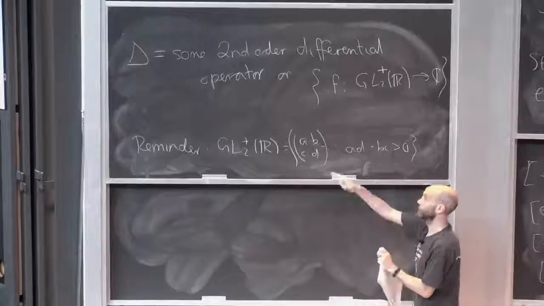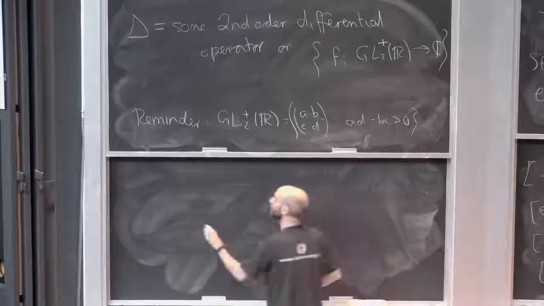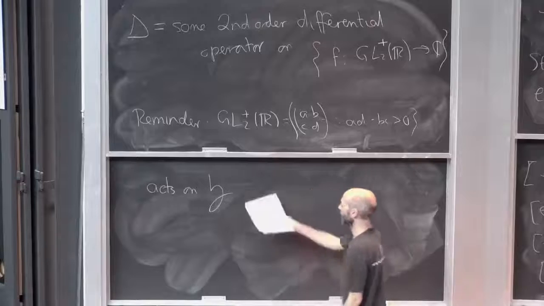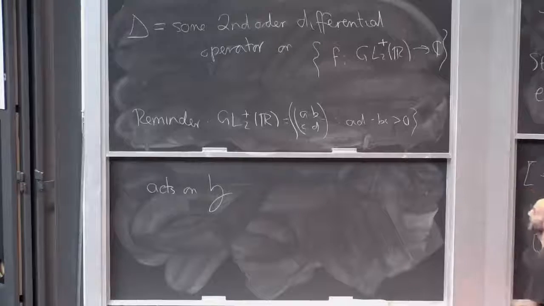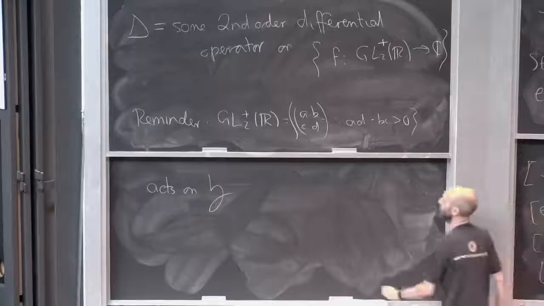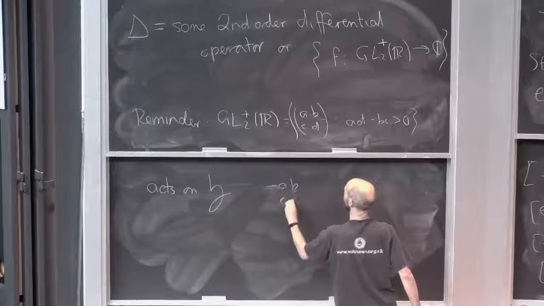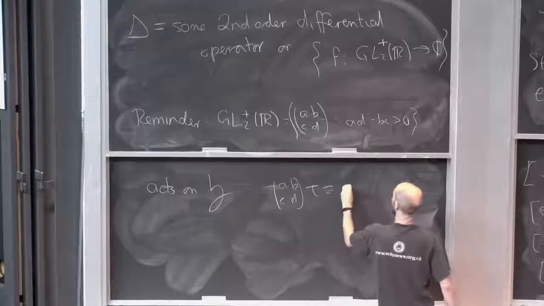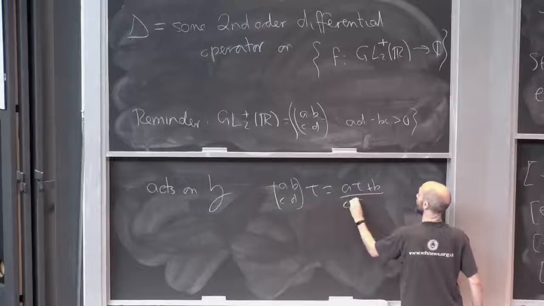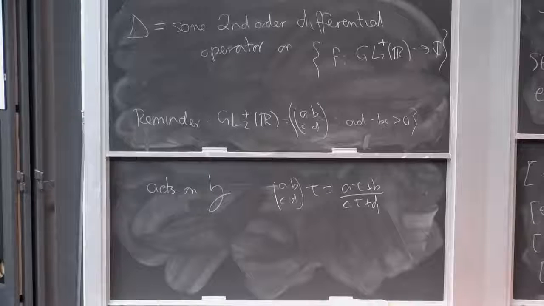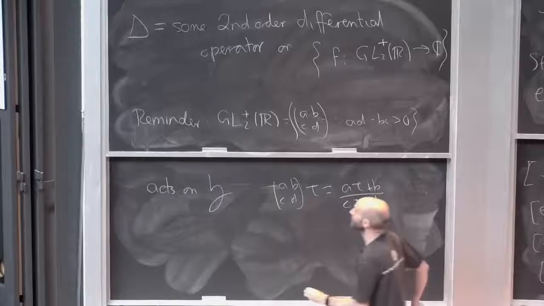That group acts on the upper half plane H via the usual formula: tau goes to A tau plus B over C tau plus D. So GL2 of R acts, and it acts transitively, right?